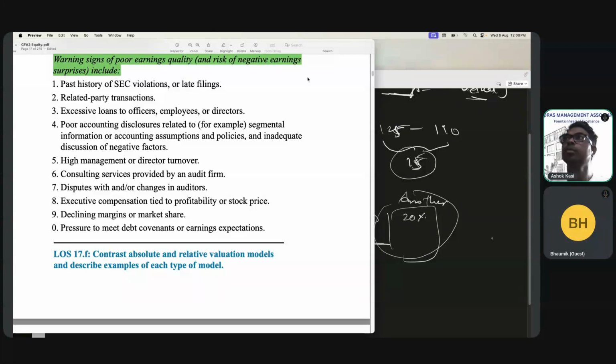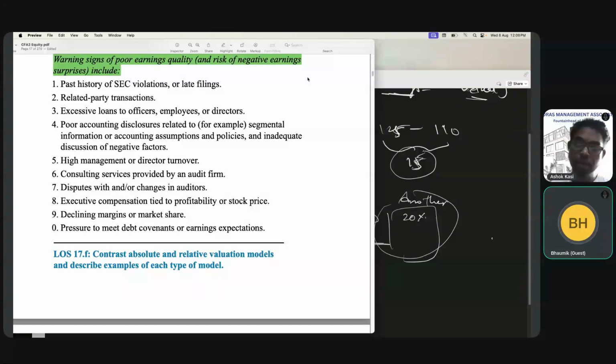It can depict that the company is into a problem and the audit firm is providing consulting to help them get out of that problem.